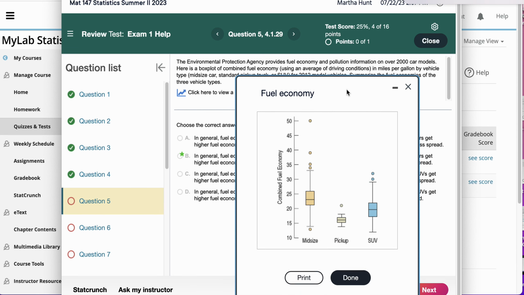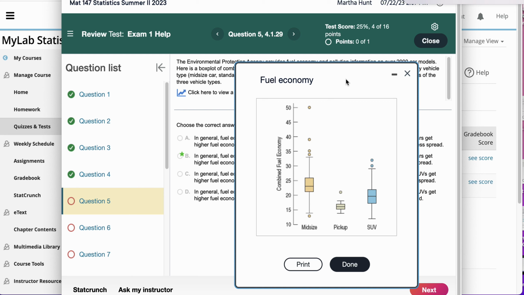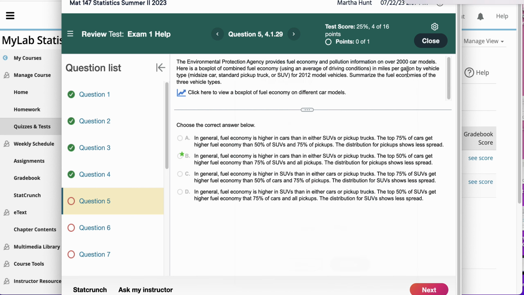So you're going to look at these box plots and respond to which one most describes the fuel economy based on these box plots. But the nice feature is, even if you didn't answer the question, it gives you the correct answer.